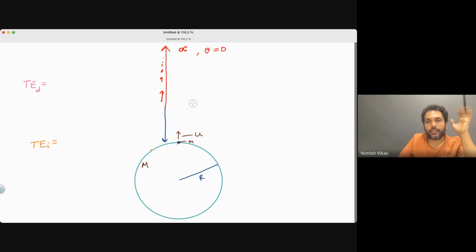So again, it's ditto the same equations. One orange you have to write, and one the pink line, the final. What is the energy over here? And equate the two. Again, the same thing. So the question is, how much must be the U such that it manages to reach infinity while it lost all its velocity?